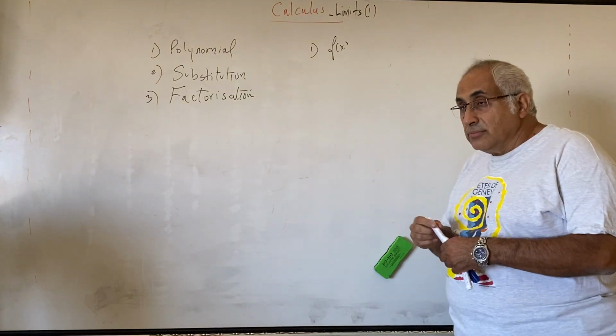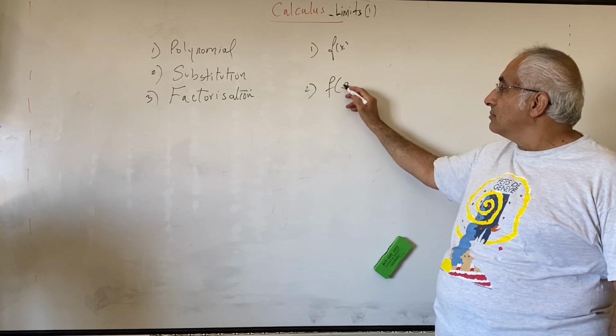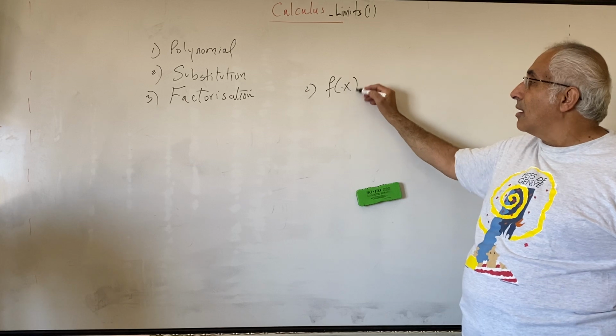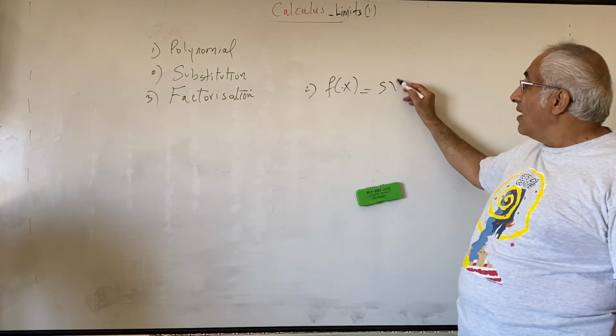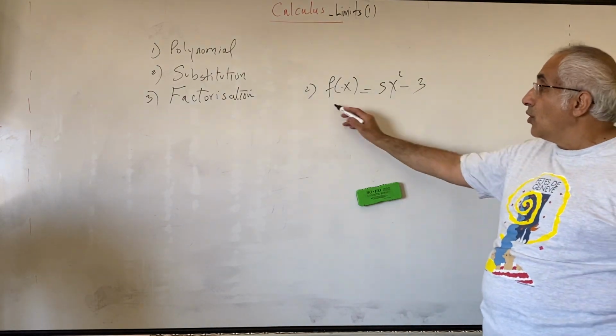You should be able, if I give you a function in terms of x, or any function, not only a polynomial, such as 5x squared minus 3, to use substitution. We already know that.